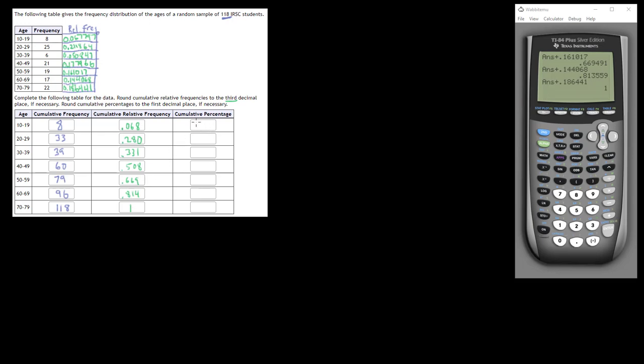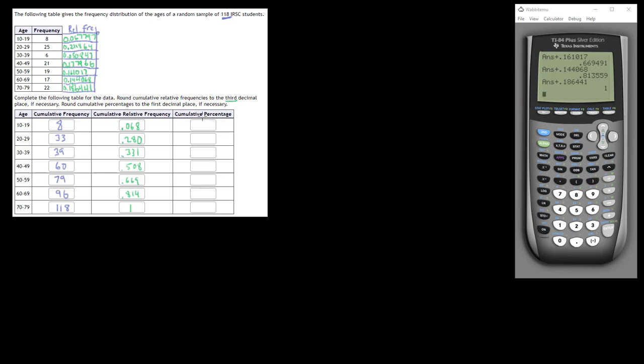Now, technically, what we should do is calculate the percentage column, which is multiply all these numbers by 100, move the decimal place 2 times. But since we've already done the work, basically all we have to do is move all these decimal places to the right twice.